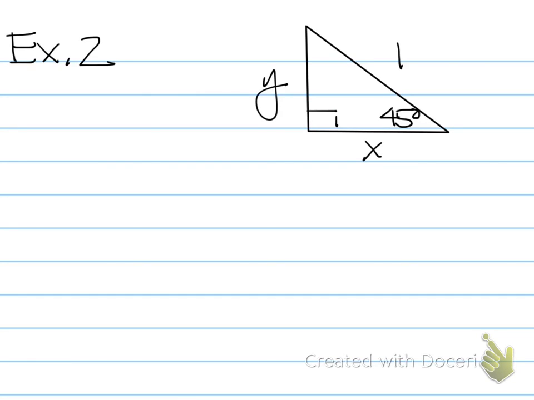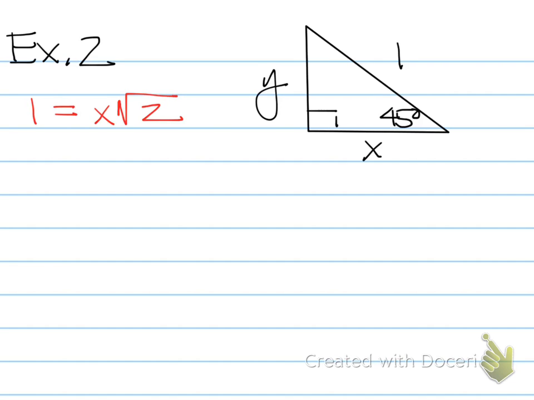We've got another 45, 45, 90 degree triangle, except in this example, we're given the measure of the hypotenuse. And if we go back to that first slide, the hypotenuse is always the length of the leg times the square root of 2. So 1 equals the length of the leg times the square root of 2.